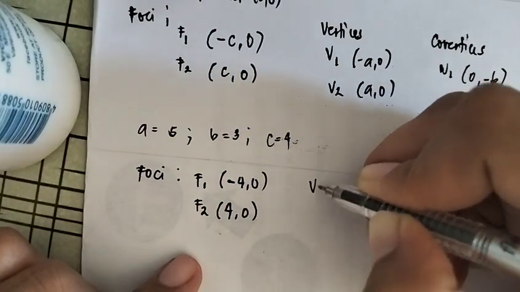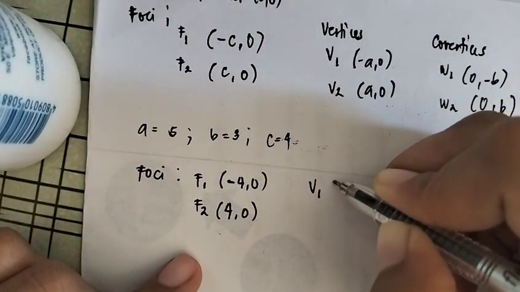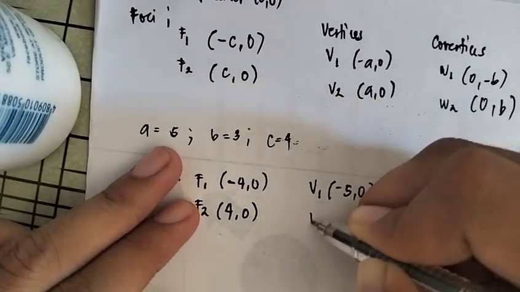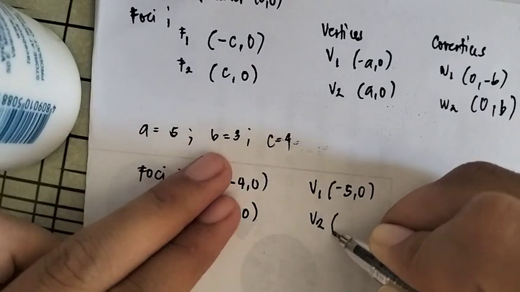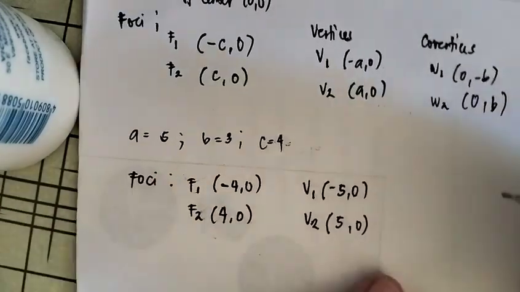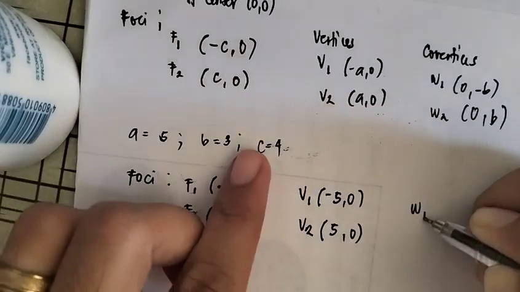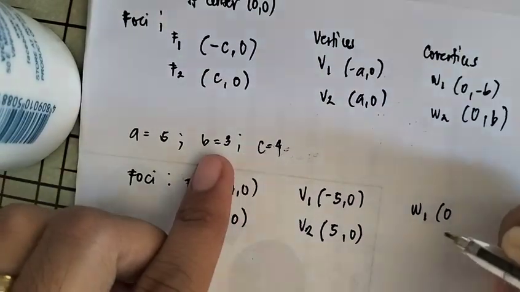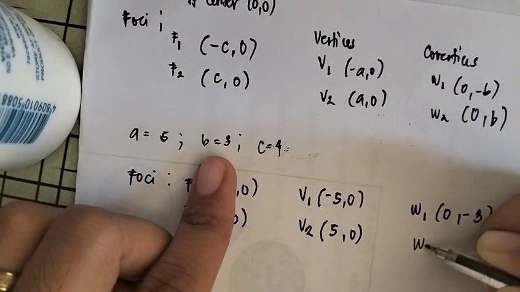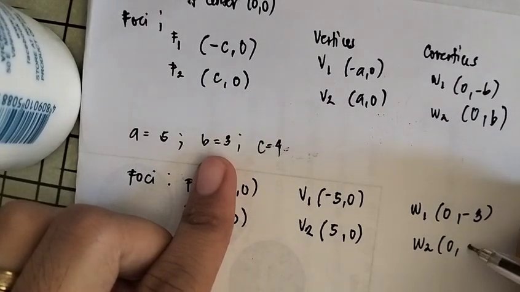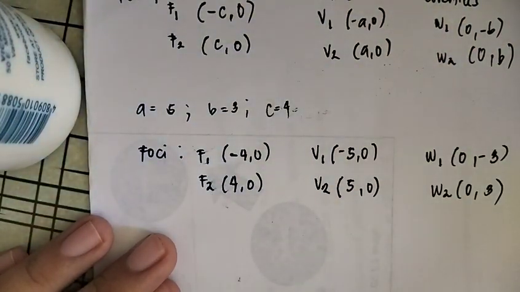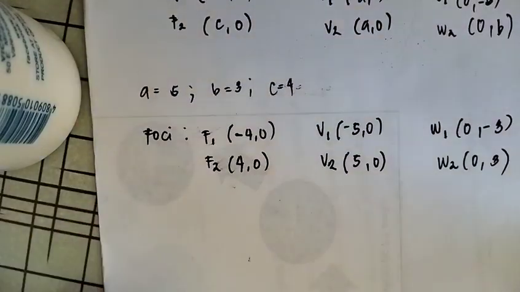Vertices: V1 is negative a, 0, so negative 5, 0, and then 5, 0. Co-vertices: W1 is 0, negative b, where b is 3, so 0, negative 3, and then W2 is 0, 3. So, we now have the points. Next is to sketch.